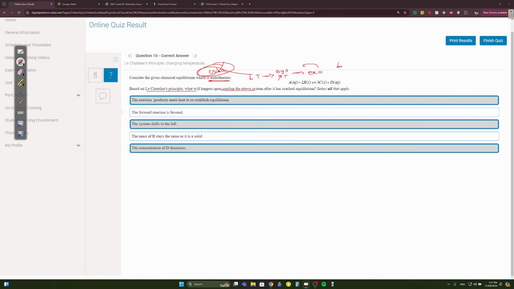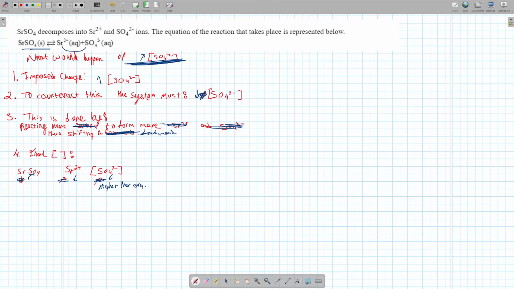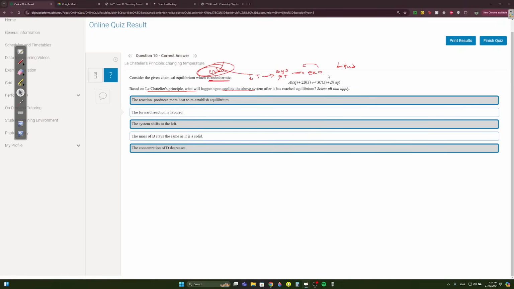The equilibrium shifts to the left. The reaction produces more heat to re-establish equilibrium. True, we said we want to increase temperature. The forward is favored? No, backward. The system shifts left? Yes. Mass of B stays the same as it is a solid. No, surely that makes no sense. The concentration of D decreases. Surely yes, since we're moving to the left.